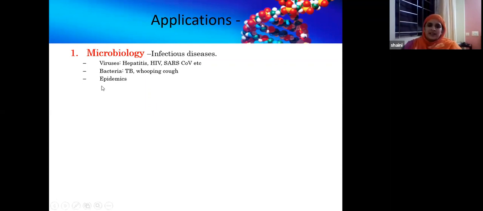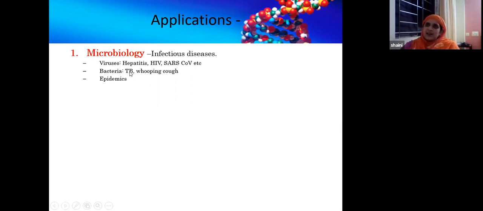Bacteria, on the other hand, even now bacterial testing is done in most labs based on culture and biochemical tests only, except for a few bacteria, like for example the TB bacteria, which, as I said before, takes a long time to culture. Here PCR shows immediate results, and the sensitivity and specificity are very good.